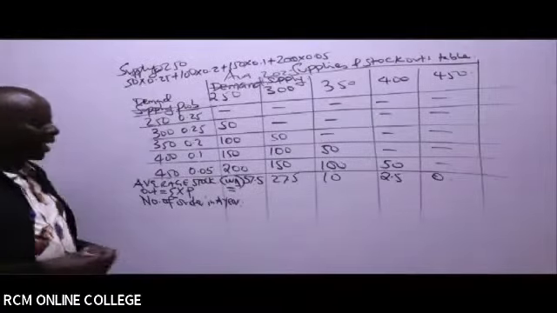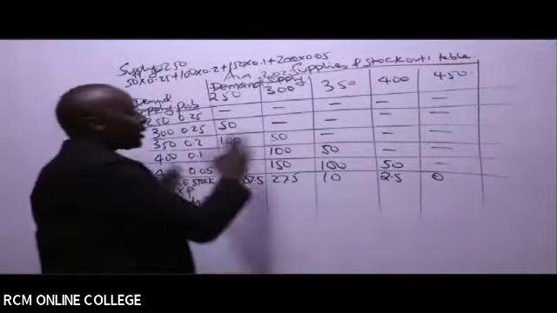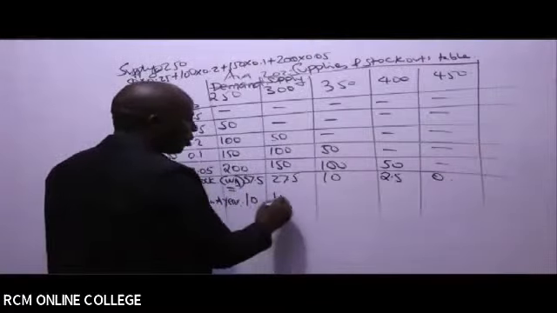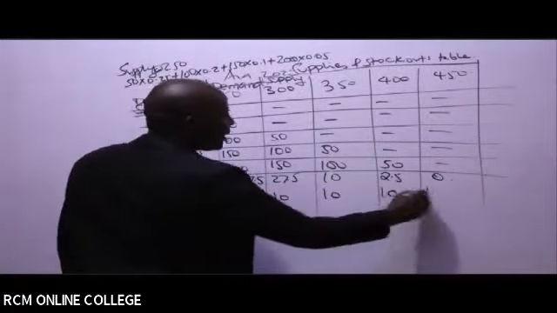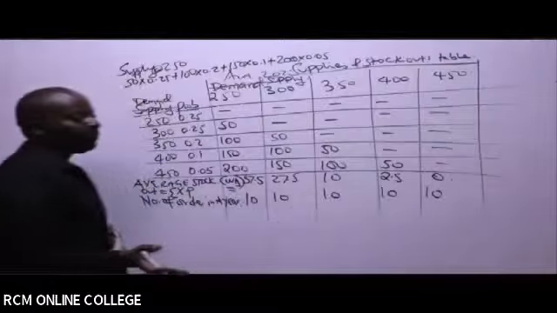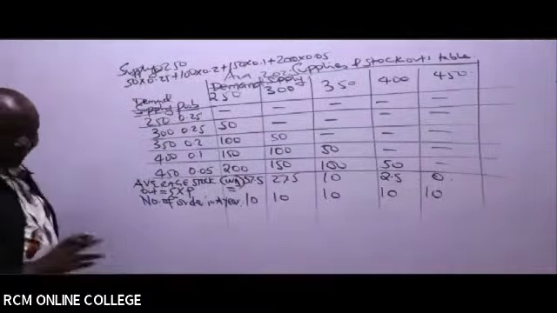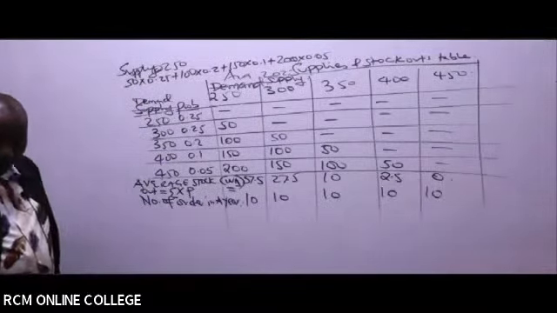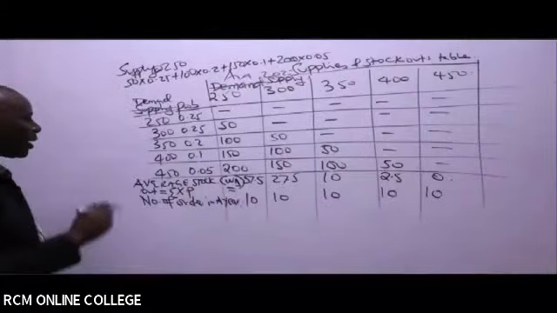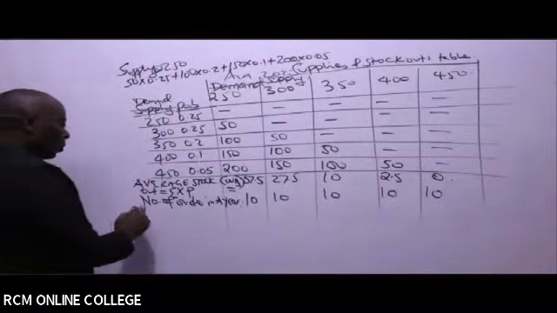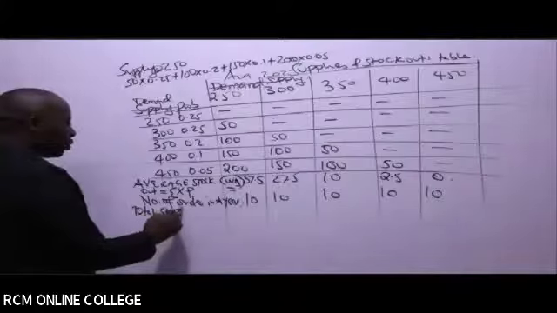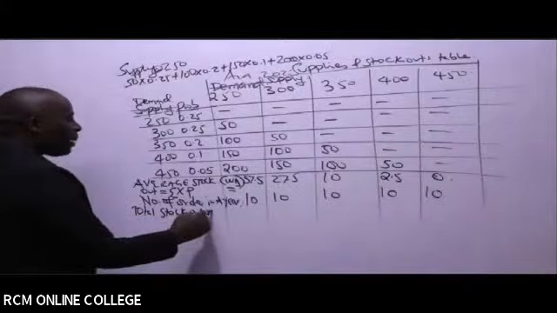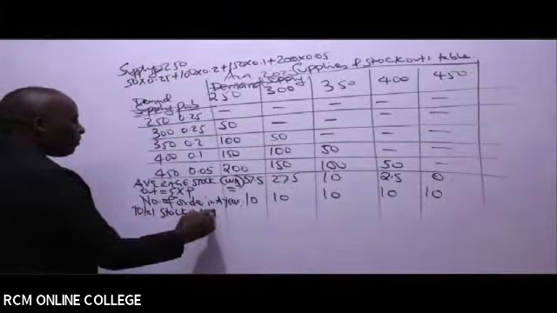Margaret tells me it is 10, and this cuts across regardless of the supplies. So then go ahead and give me the total stock outs per annum.